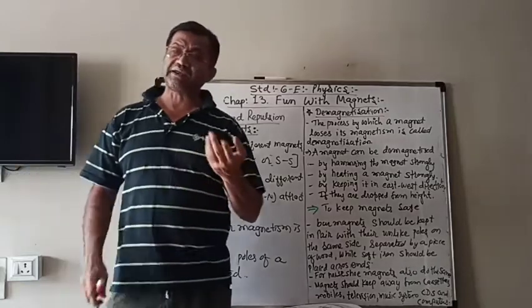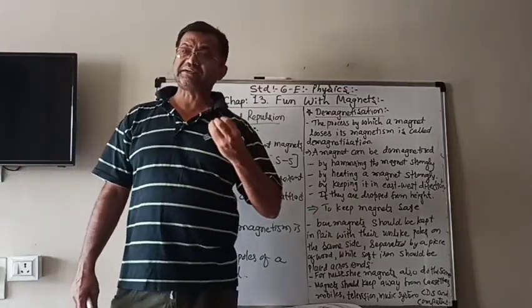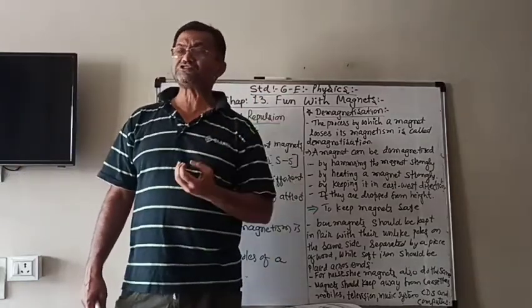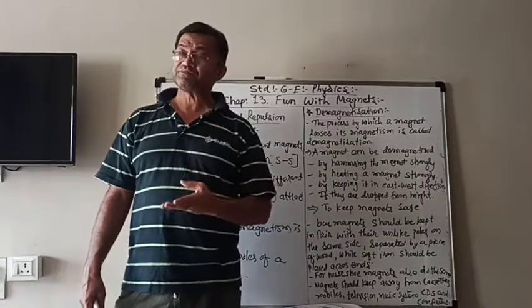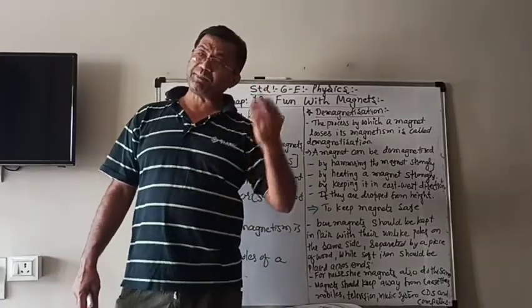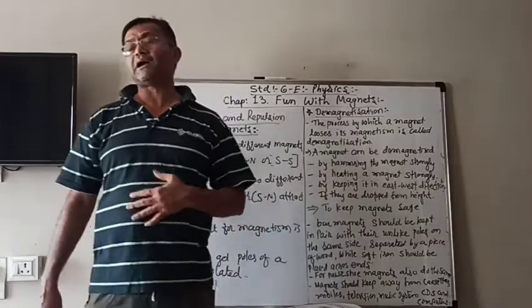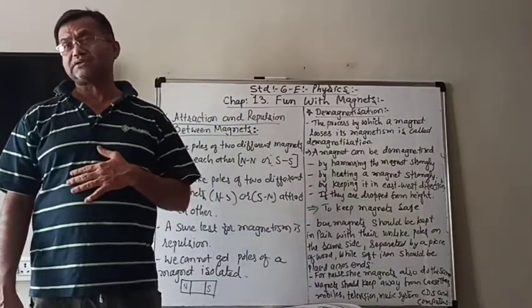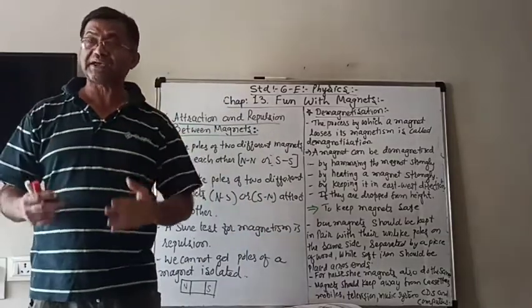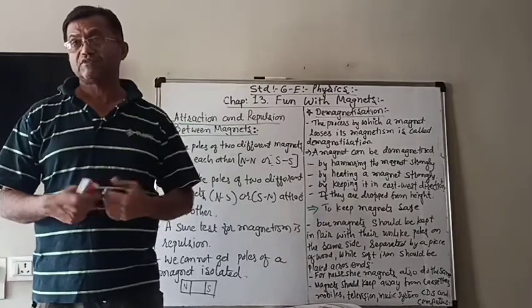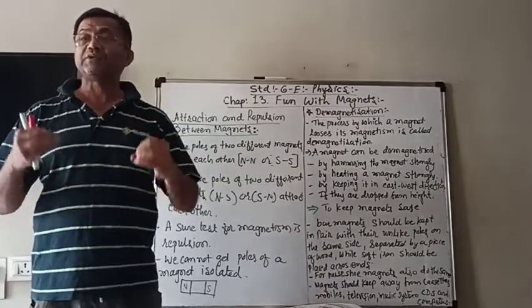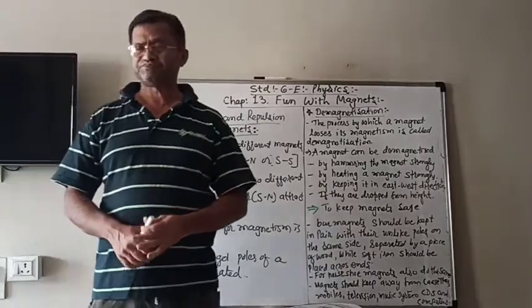Because a magnet can attract the opposite poles, unlike poles also, and it attracts simple iron articles also. But only two magnets can repel each other when the like poles are brought together.